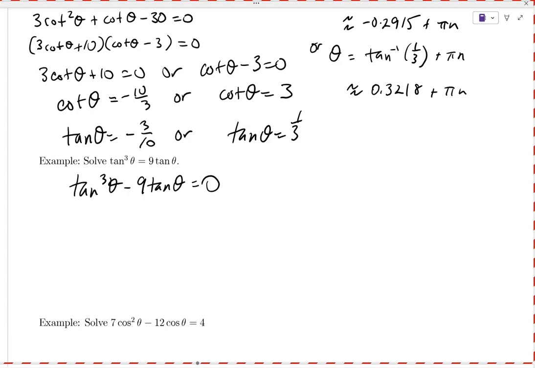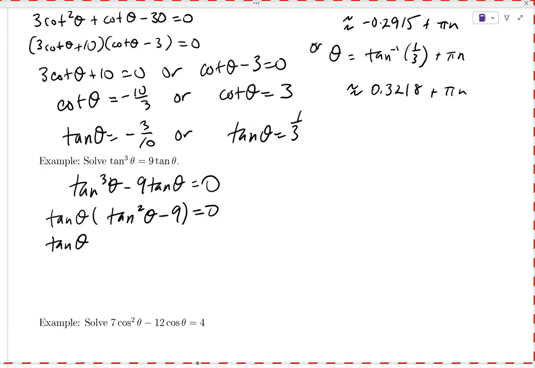All right, it's the same principle here. Set it equal to 0. Now I can factor out a common factor, right? I can factor out a tangent. Looking inside my parentheses now, I see a difference of two squares, don't I? Tangent squared theta minus 3 squared.